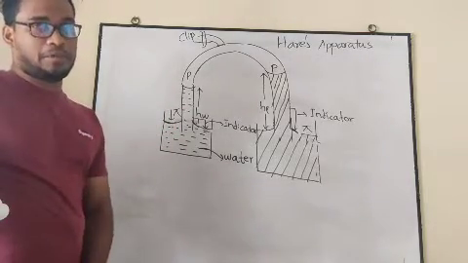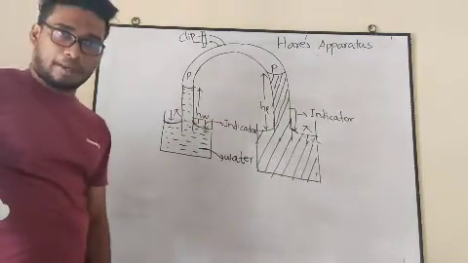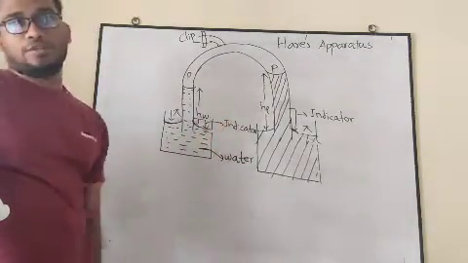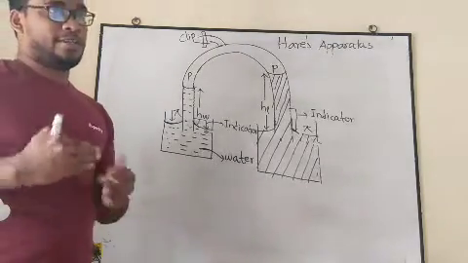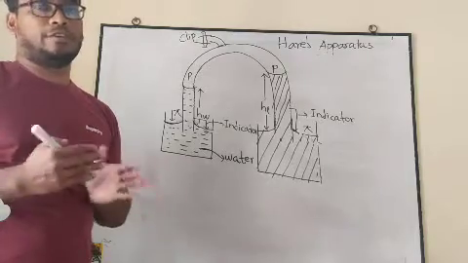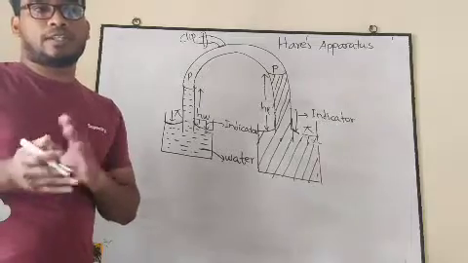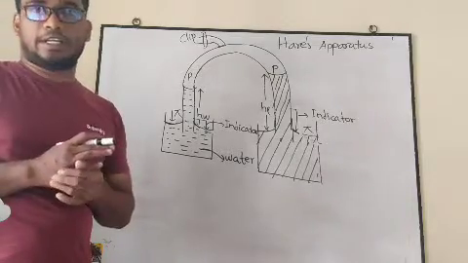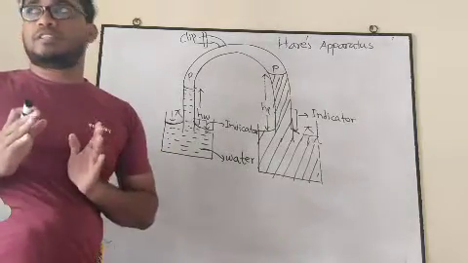So that is the major difference between the Hare's apparatus and the U-tube. What is the major difference? Here also we are going to use the same thing, the graphical method. So we are going to find the relative density using the graphical method. Here also we are going to take two different readings, independent and dependent. But the major difference is what?